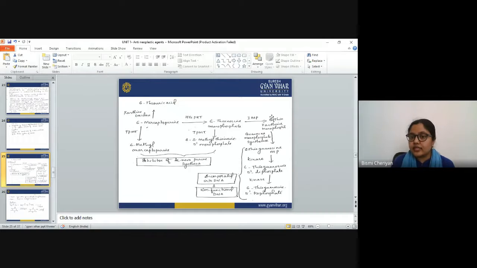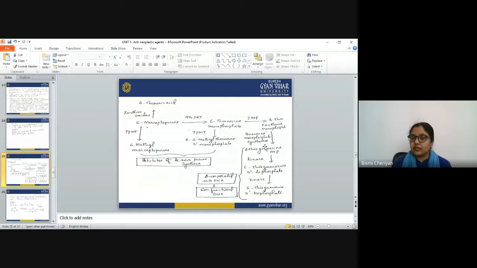So this 6-thioxanthine monophosphate is incorporated into the guanine structure, and that forms 6-thioguanosine monophosphate in the presence of guanosine monophosphate synthetase enzyme.